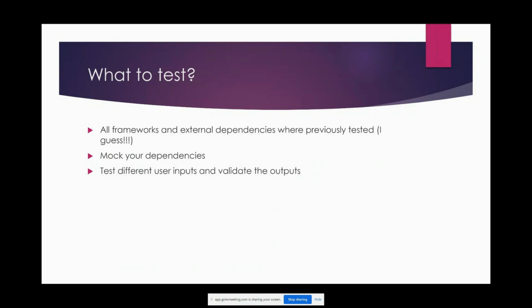The code of frameworks and dependencies we have should be tested by the maintainers of the framework and of the dependencies. At least I guess. I don't need to test if Xamarin.Forms is working to test my view model. I should expect that Xamarin.Forms will work, and so I need to test the code of my view model.